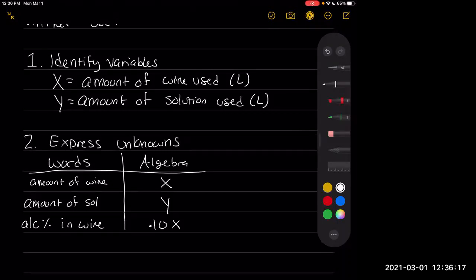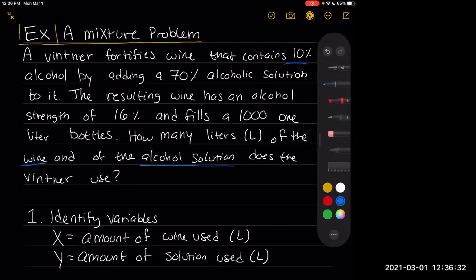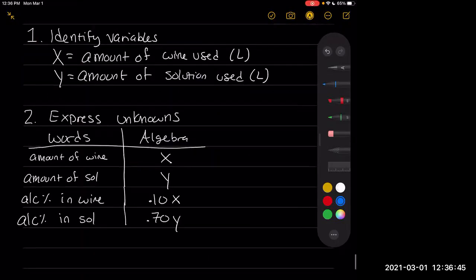So 0.10 of the wine is alcohol. Similarly, the alcohol percentage in the solution is 70%. And we got that from up here, our 10% alcohol and our 70% alcohol. This lets us know what our values are going to be.